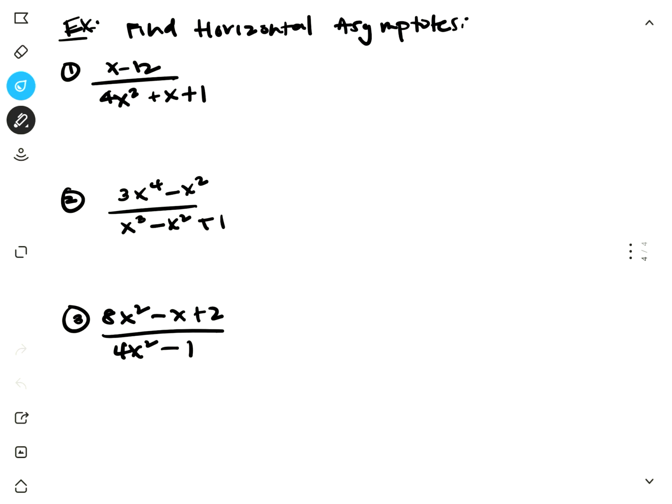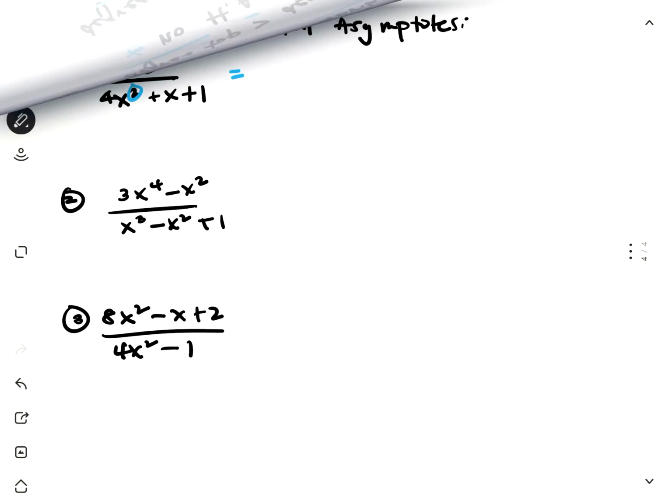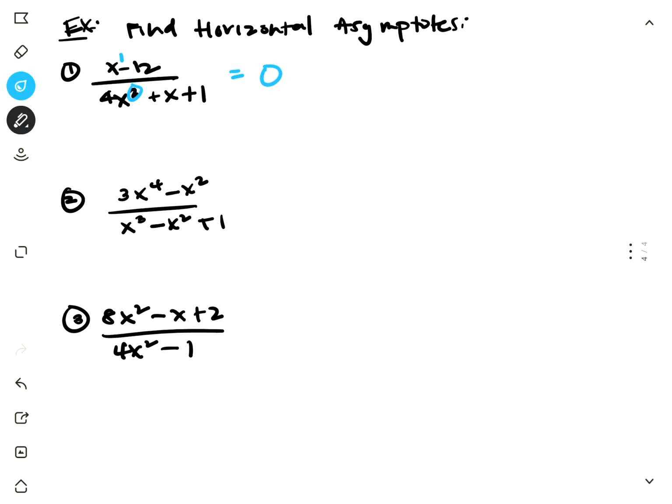Okay, so let's look at some here. Find horizontal asymptotes. So notice the degree on top here is 1. The degree on the bottom is 2. So if we look back here, the top is less than the bottom, then the horizontal asymptote is 0. So we'd have some graph, and then the horizontal asymptote would be the x-axis.